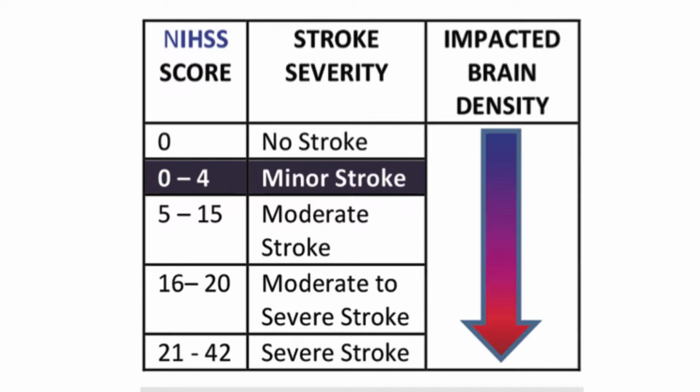So generally, it's important to first establish that baseline score, then 2 hours after treatment, and then 24 hours after the onset of symptoms, and then you can progress every 7 to 10 days up to 3 months. And these scores are going to range from a 1 to 4, meaning a minor stroke, all the way up to a 21 to 42, which is going to indicate a more severe stroke. Now, we don't need to get into the details of how to perform the NIH stroke scale, but it's important to understand that that scale is something that's an expectation.